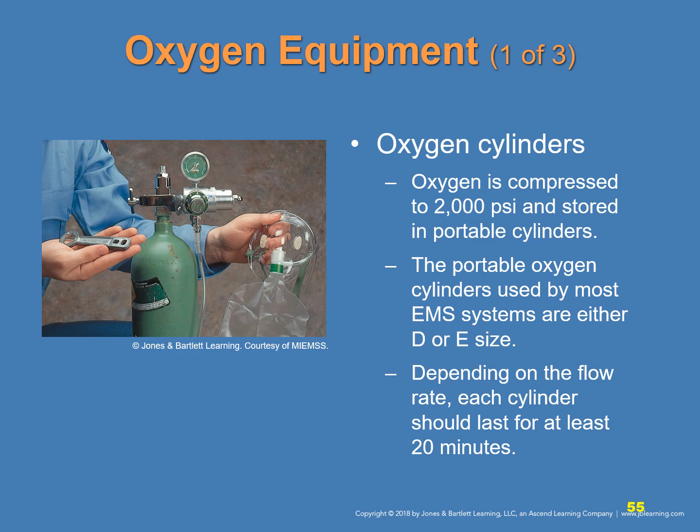The portable oxygen cylinders used by most EMS systems are either D or E size. Size D cylinders hold 350 liters of oxygen. Size E cylinders hold 625 liters of oxygen. Oxygen cylinders must be marked with a green color and be labeled as medical oxygen. Depending on the flow rate, each cylinder should last for at least 20 minutes.